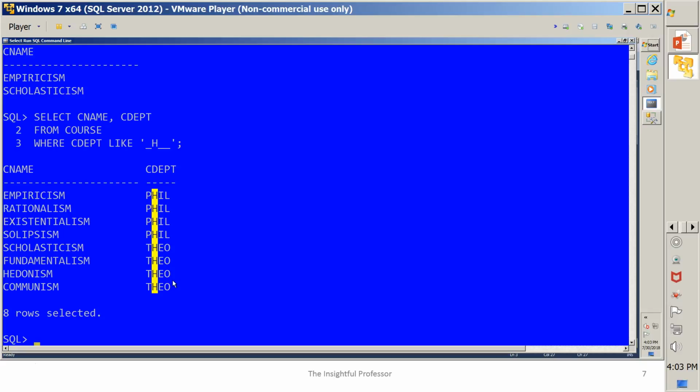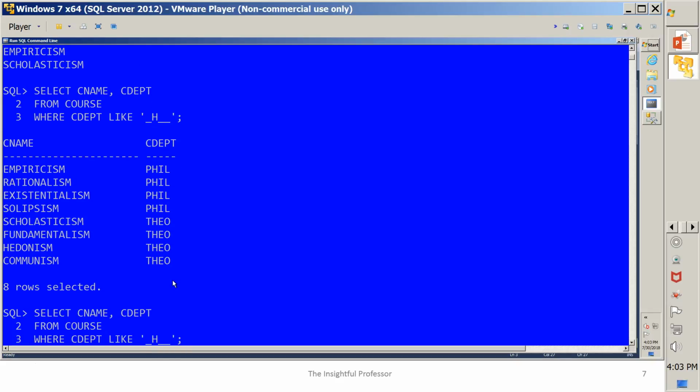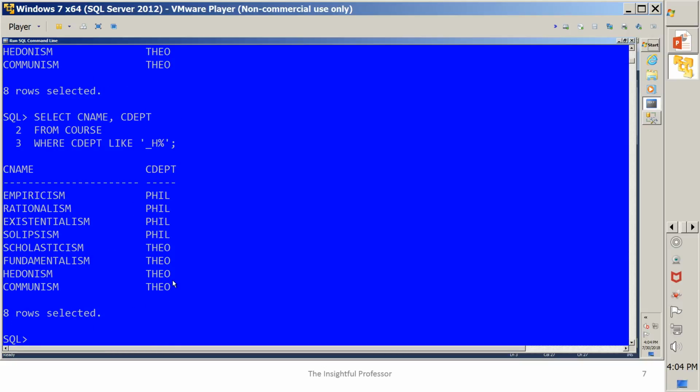Here's an interesting little twist. We're not limited to using a single meta character, but if you thought about it, you could say, well, wouldn't it be easy to do this, and wouldn't it be the same thing? Well, it's easy to do this, and we get the same result. But is it the same thing? Technically, underscore H% is not equivalent to underscore H underscore underscore.